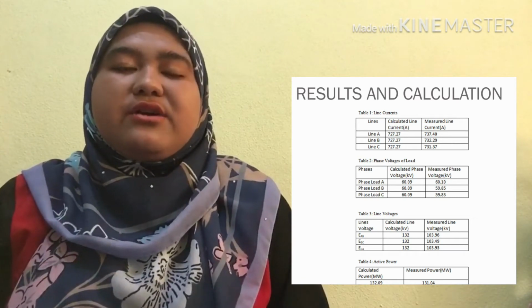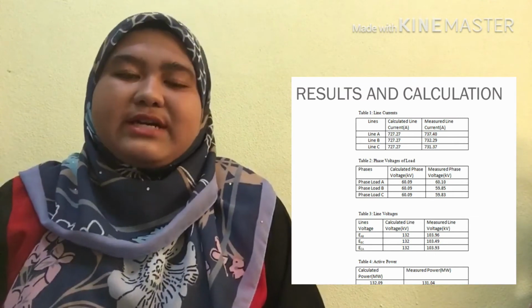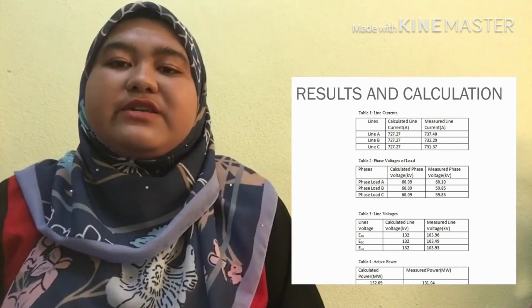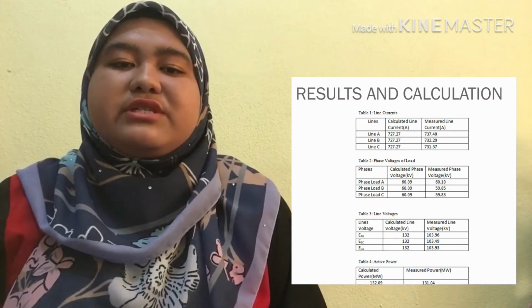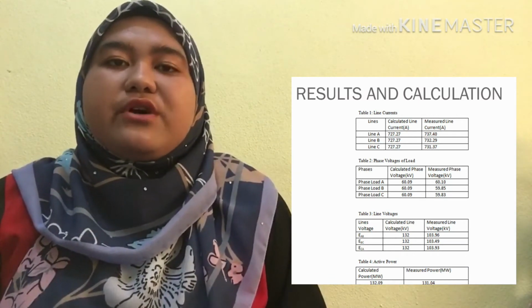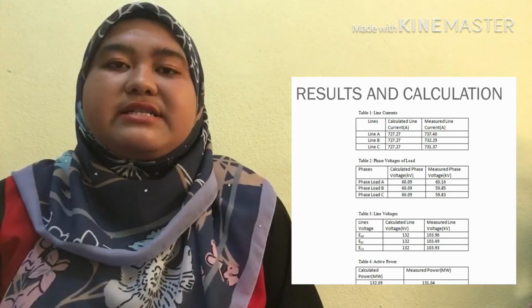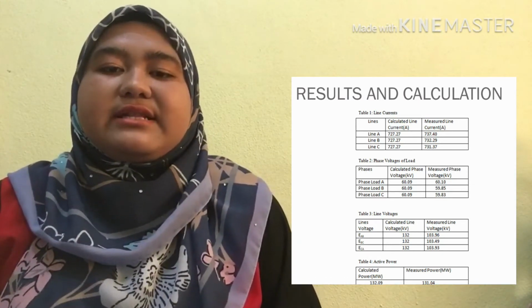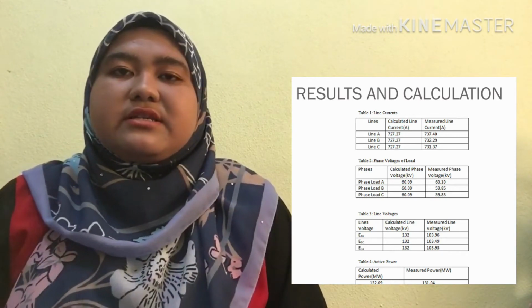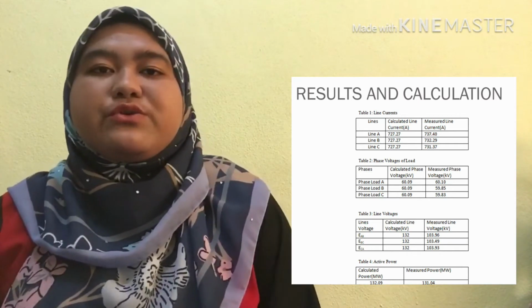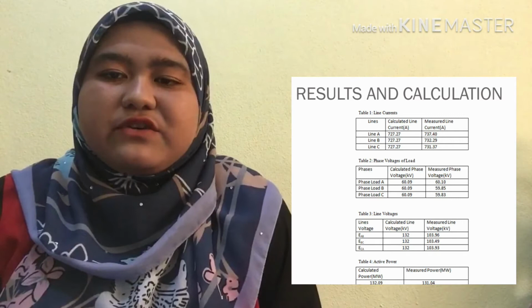So now for the discussion, as we refer to Table 1, Table 1 shows the value of measured and calculated line current. According to the observation, the value of line current is different from the value of calculated line current, where the calculated value is lower than the measured value. Then Table 2 shows the value of measured and calculated phase voltage.